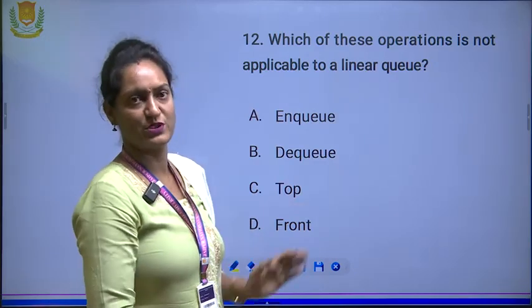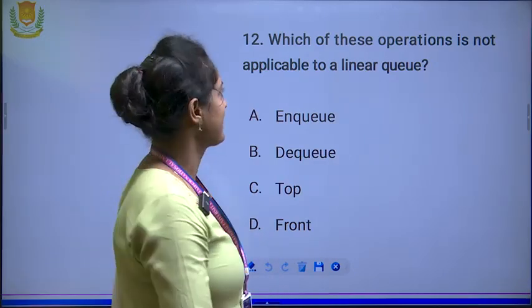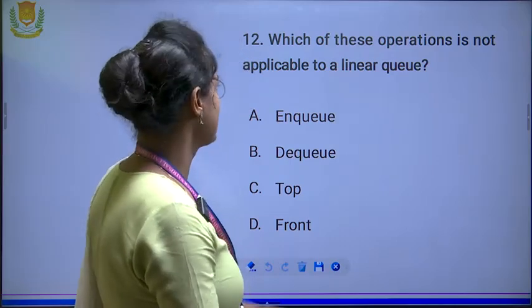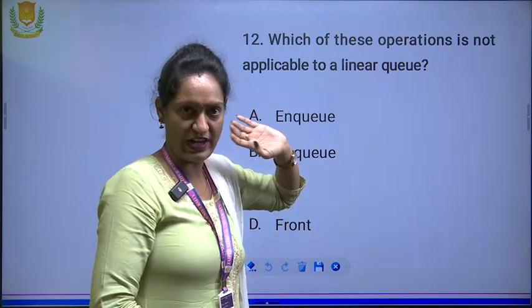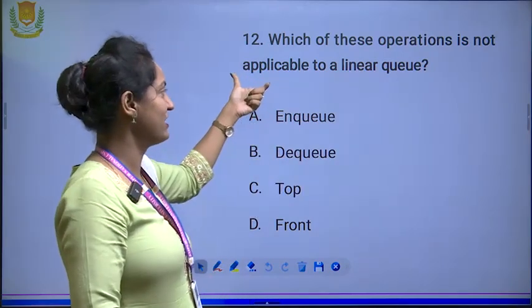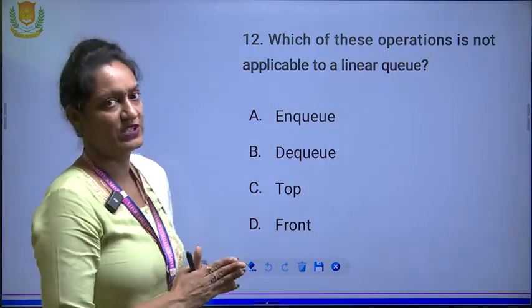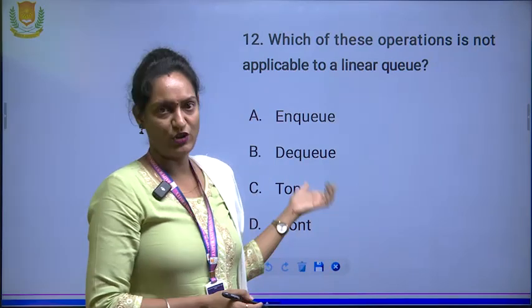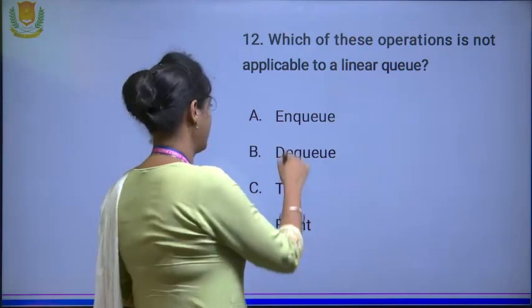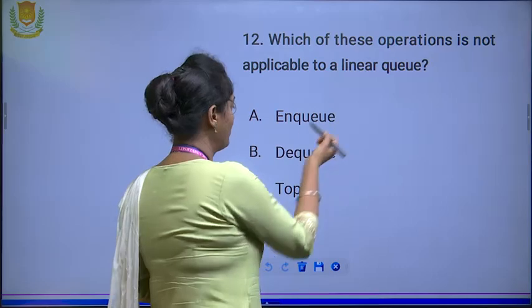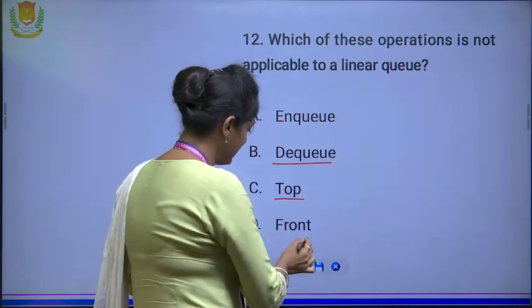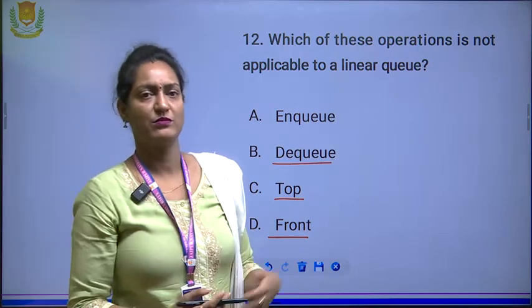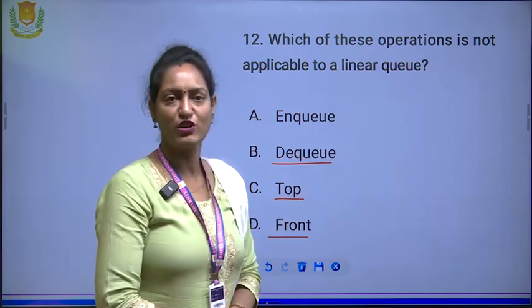Now question number 12. Question number 12 says, which of the operations is not applicable to the linear queue, right? That means which operation is not connected with the concept of queue, and the options are A, NQ, B, DQ, C, top, and D, front. So which option is not relevant?